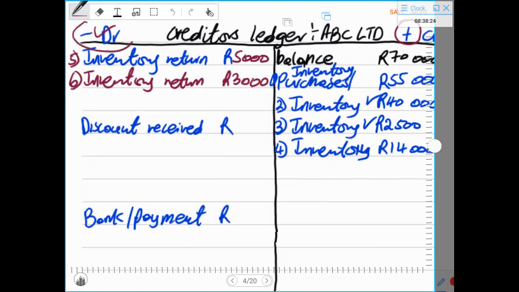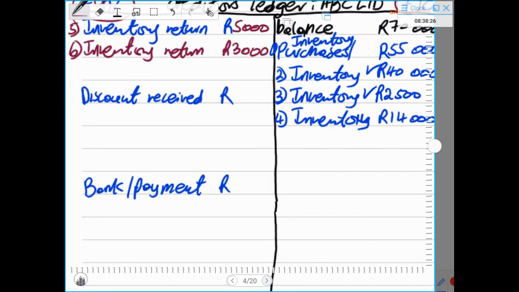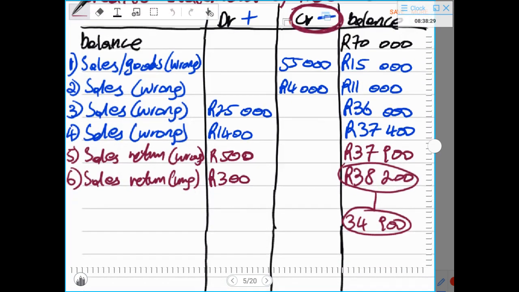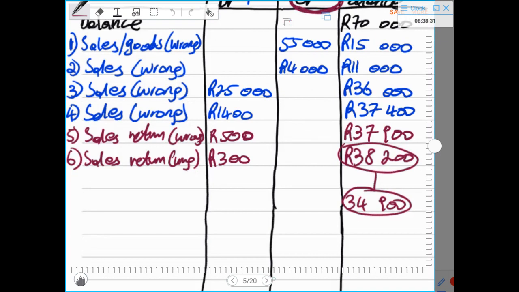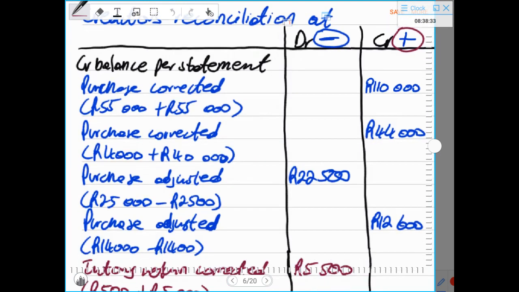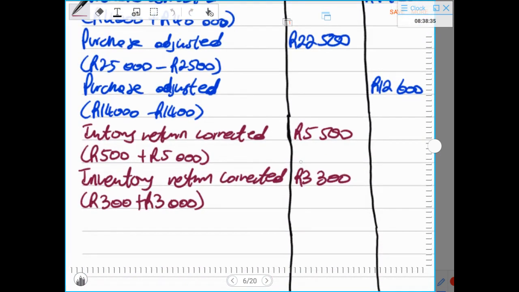This is where the creditor decreased. That is why now the amount is cancelled on the debit side. Then after we record the right amount on the right side, which is 3,000, and the right side for the return is the debit side. Then the total becomes 3,300 rands.